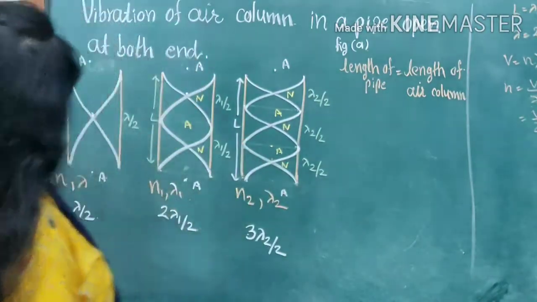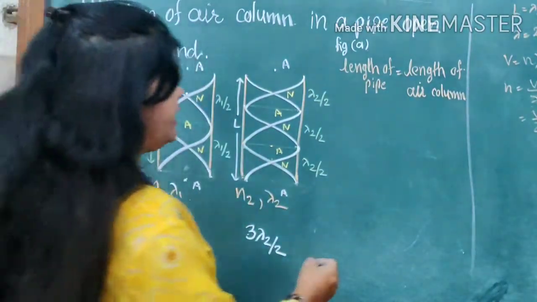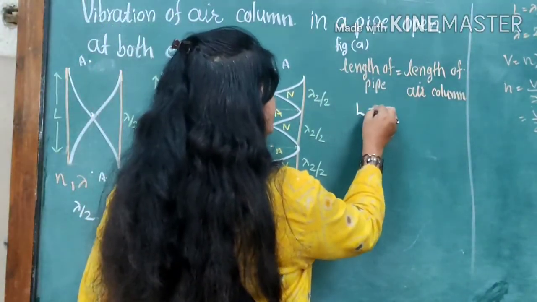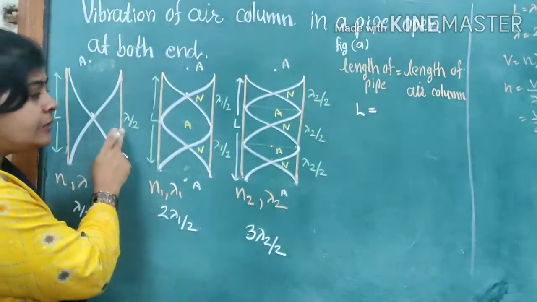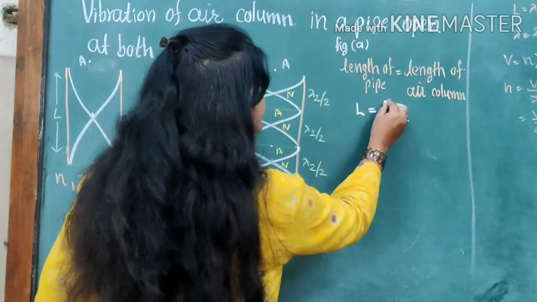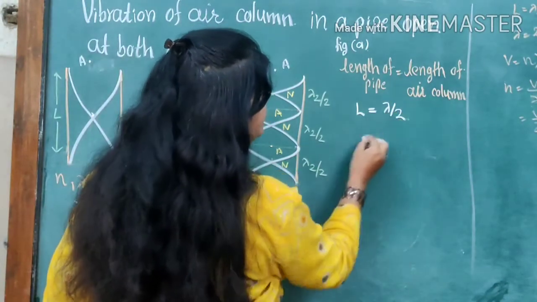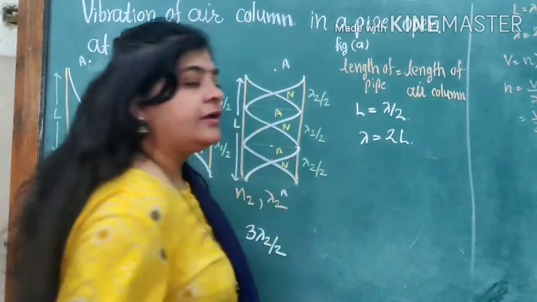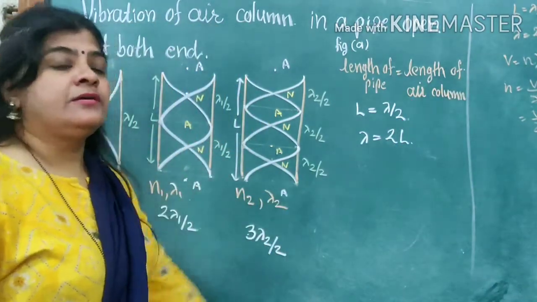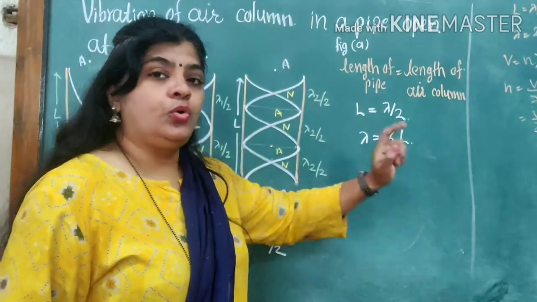The length of the pipe in the first diagram is L. Here L is equal to the length of the air column, which in terms of wavelength is lambda by 2. Then mention lambda is equal to 2L. Got it? In this way we get lambda equal to 2L.